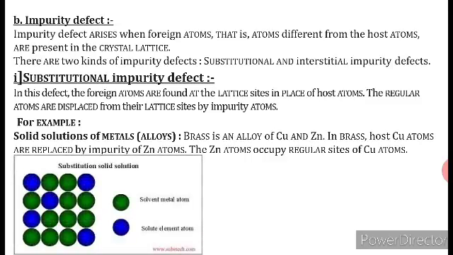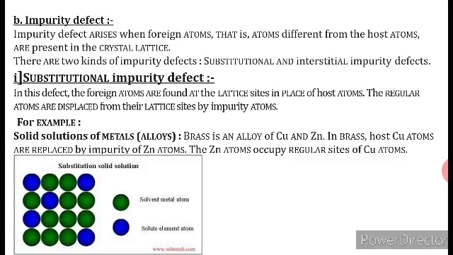See, the solvent metal atoms are shown by green bubbles and the solute element atoms are shown by blue bubbles. If you take the example of brass, the green bubbles are copper atoms and the blue bubbles are zinc atoms. So zinc solute is dissolved in copper solvent and we get brass.